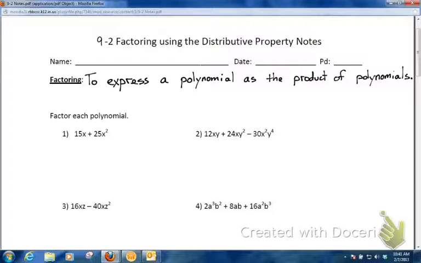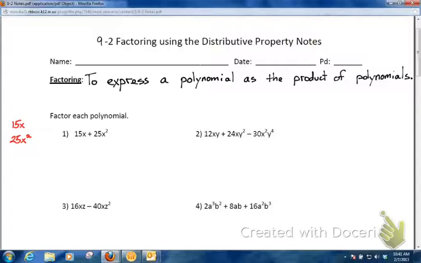If you think about the two terms 15x and 25x squared, you need to figure out what the GCF of those two terms are.